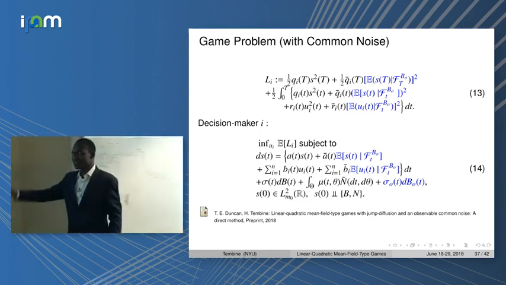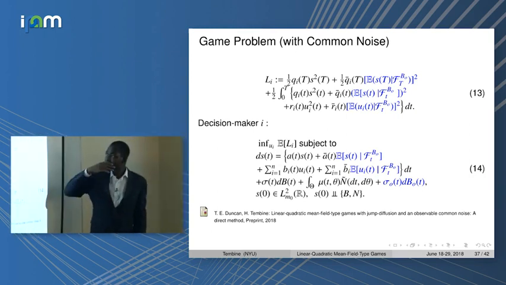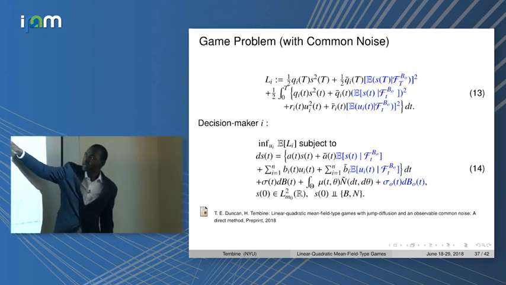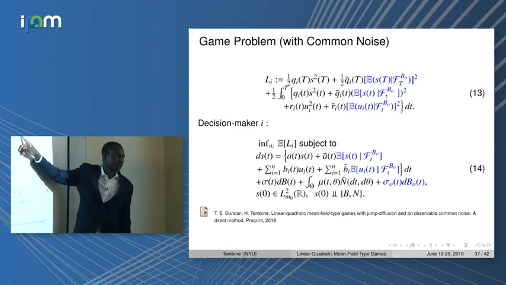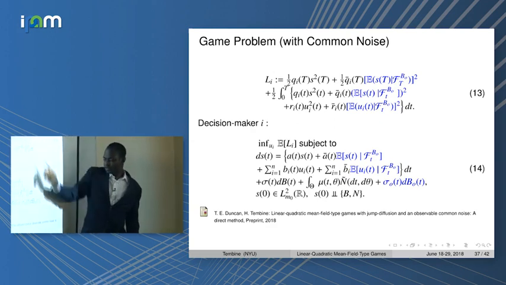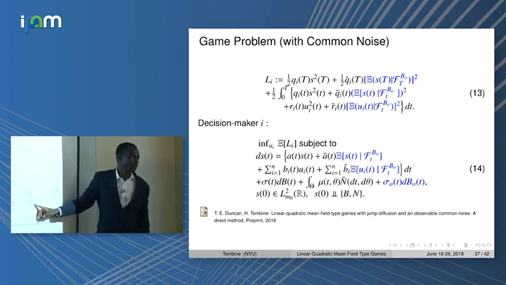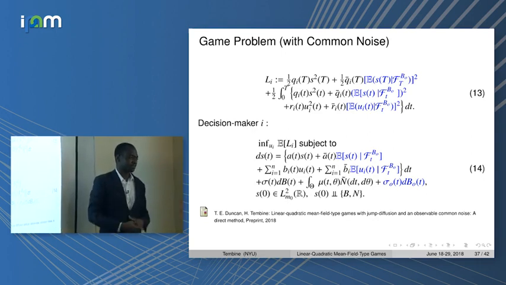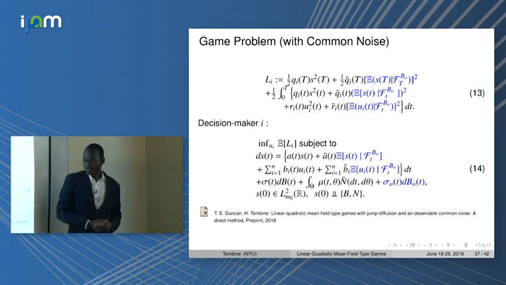Okay, so at least for the direct method, I'll give it to you here. The expected value is now going to be a conditional expected value. It means it's a random variable. B naught is the common noise that will be observed by all the n agents.